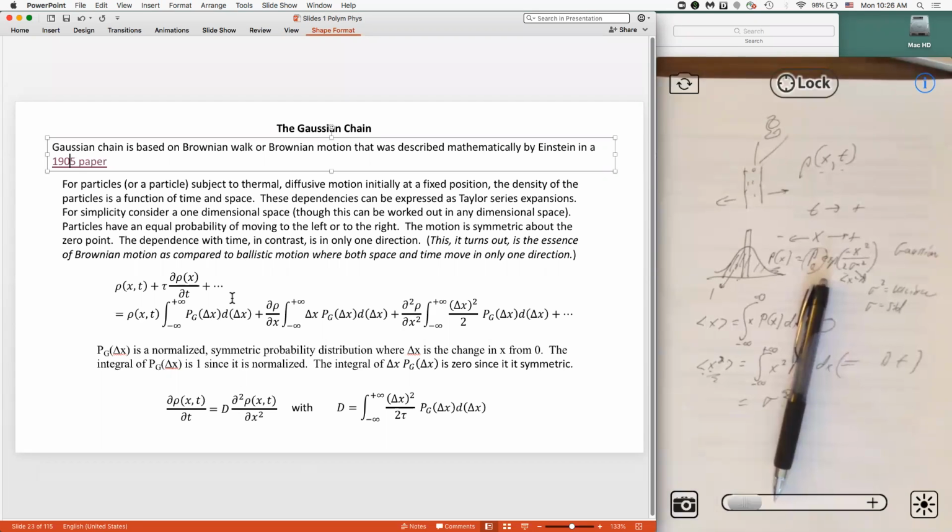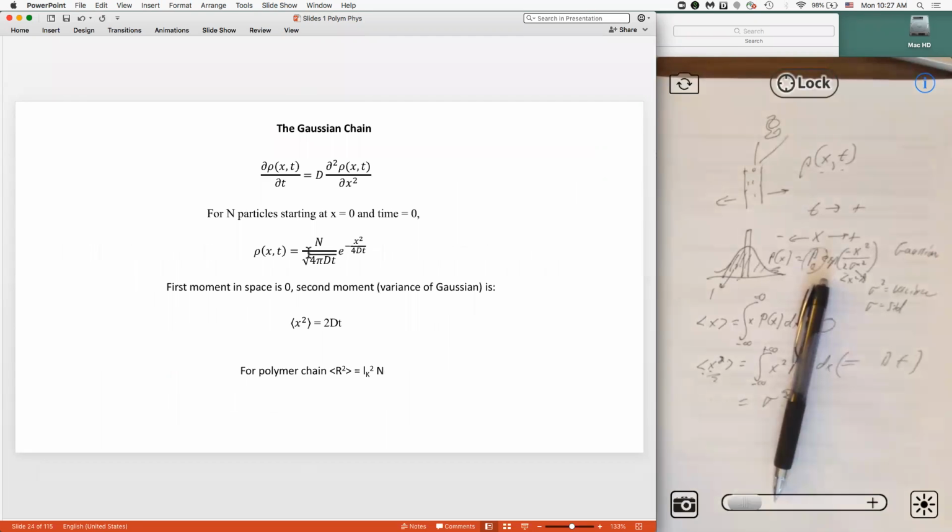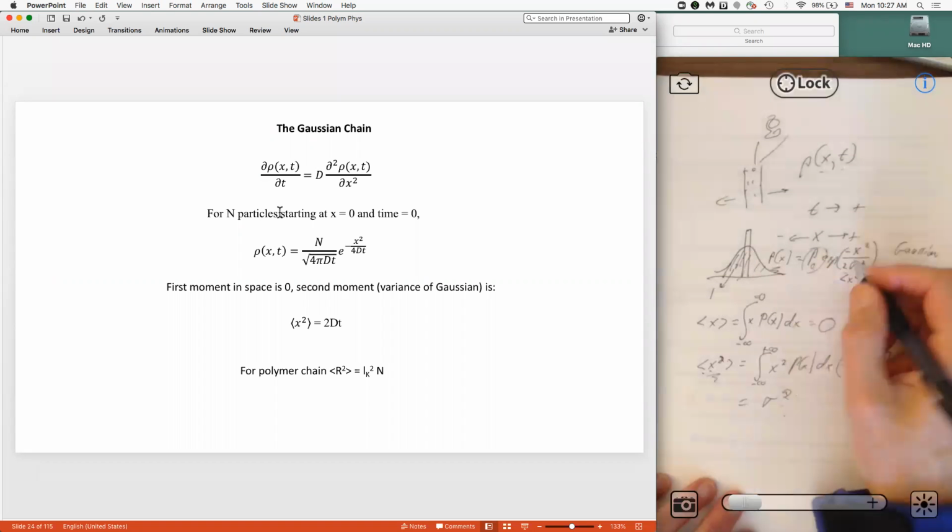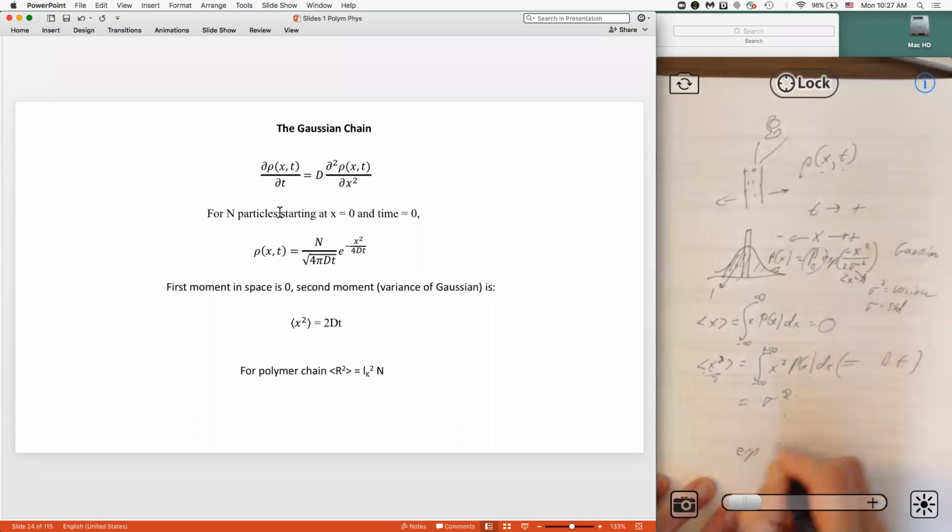And then the solution to Fick's second law is this Gaussian function. So you can solve this second order differential equation, and the solution to it is this Gaussian function. Okay, so I said the Gaussian function would be exponential minus x squared over 2 sigma squared.